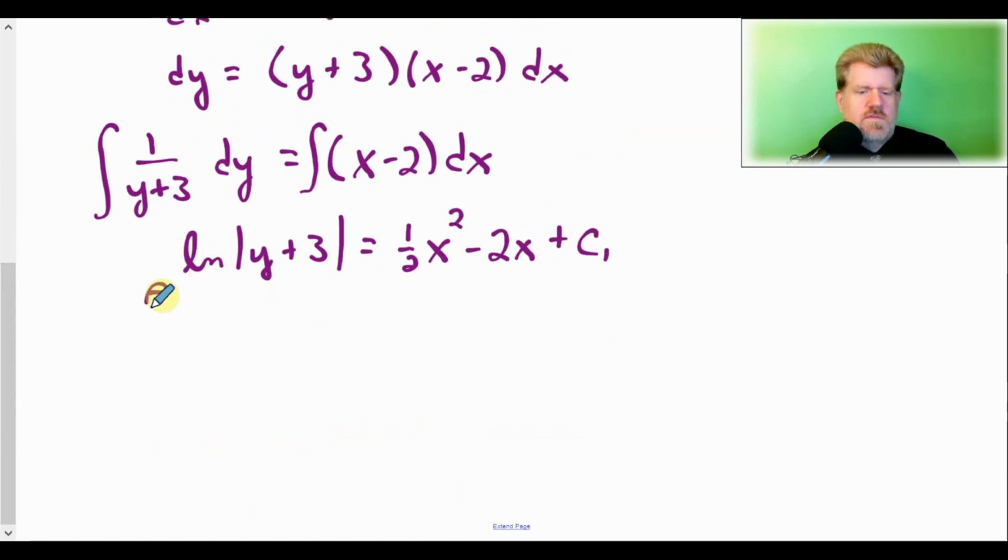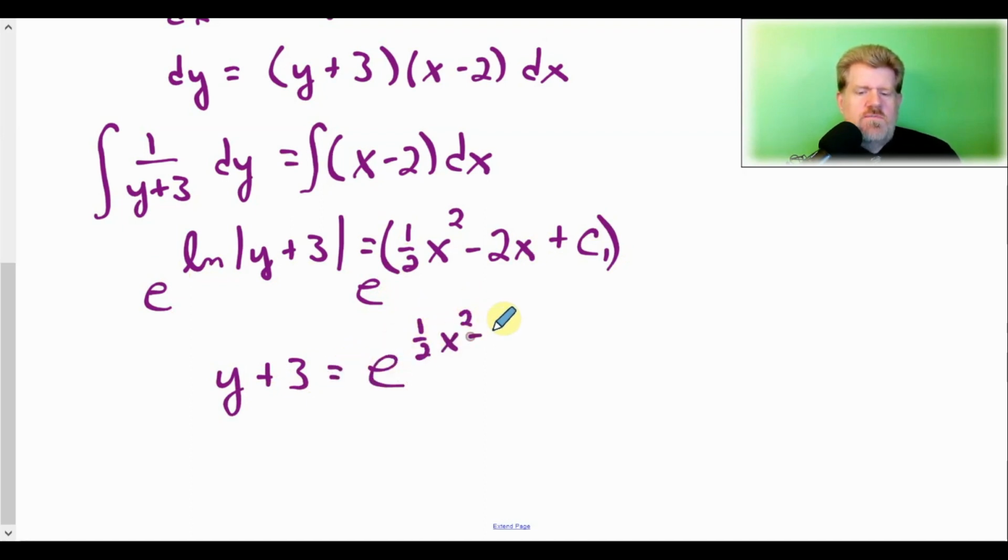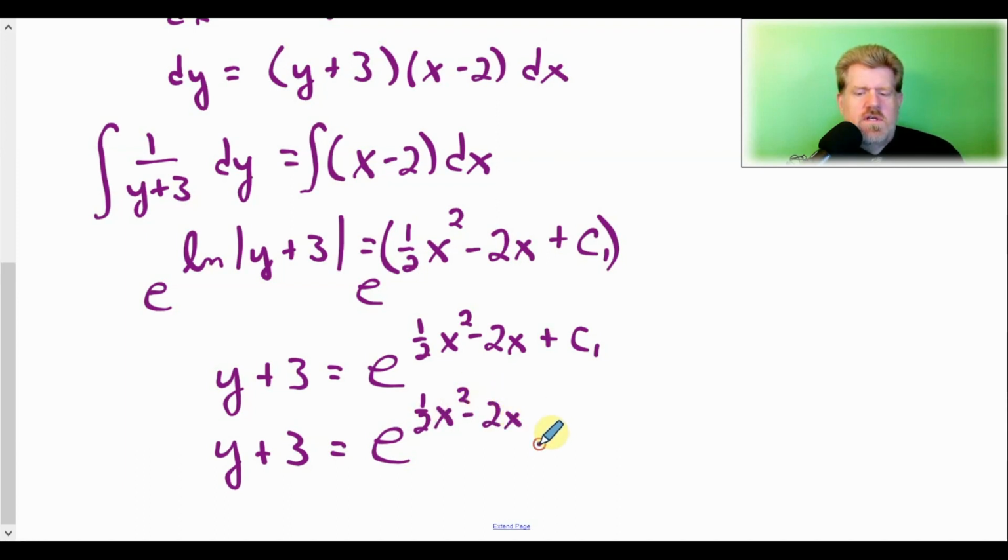So the inverse of the natural log is e, so we'll think of it this way. Get y plus 3 equals e to the 1/2 x squared minus 2x plus c sub 1. Now I'm not going to bother with too much crazy simplification, but I do want to break up this constant. So wouldn't this be the same as e to the 1/2 x squared minus 2x times e to the c sub 1?